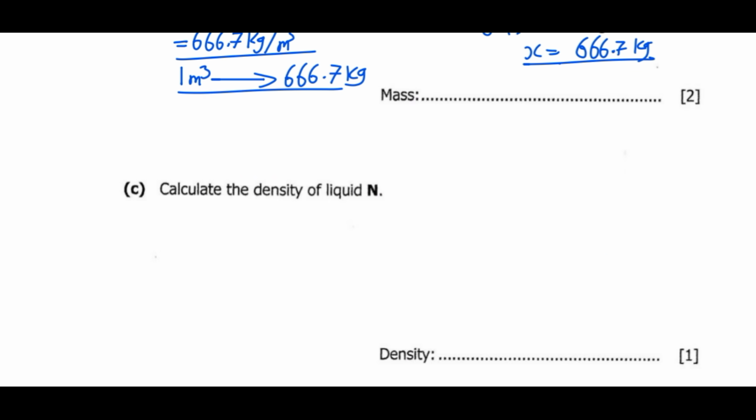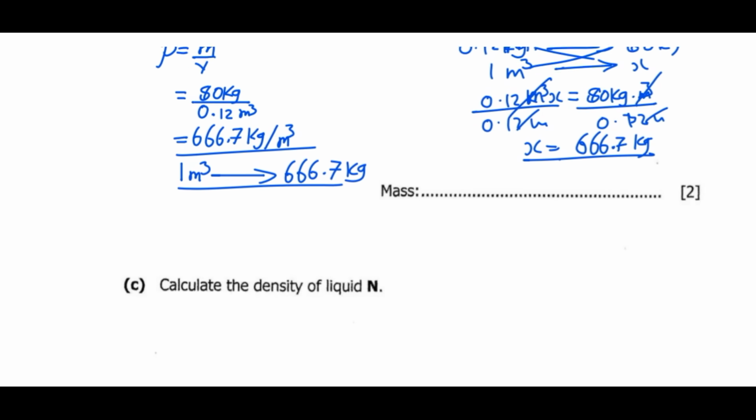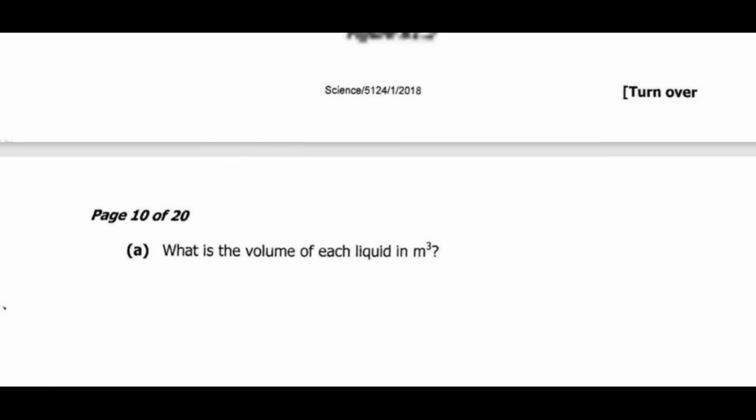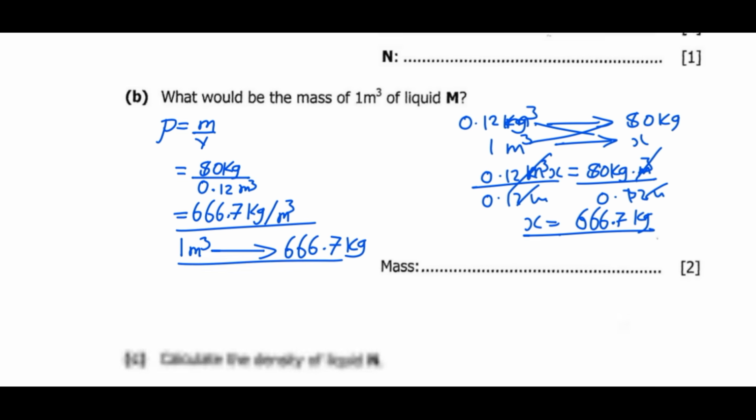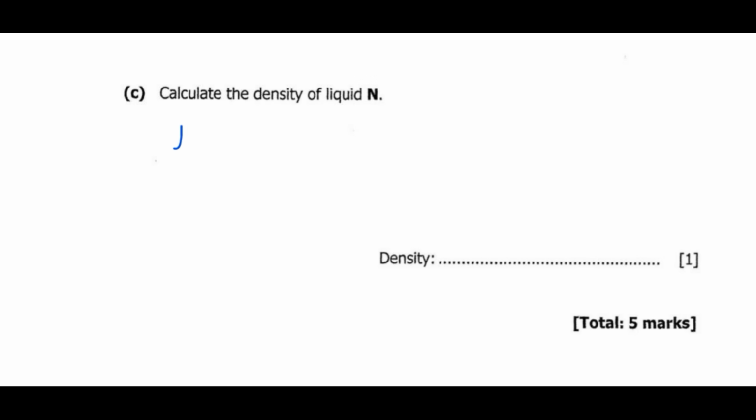Then for C, calculate the density of liquid N. This question is direct. So density of liquid N, what was the volume of liquid N? Liquid N has the volume of 0.06. Then the mass is 50 kg. So let's go back. We know that density is equal to mass over volume. So the mass is 50 kg, the volume is 0.06 cubic meters.